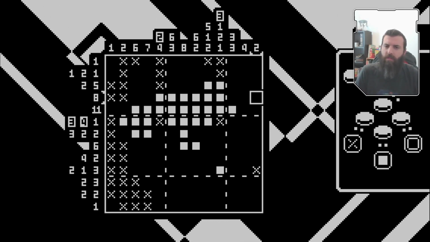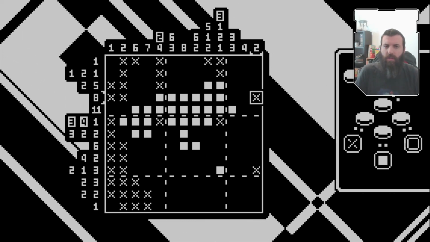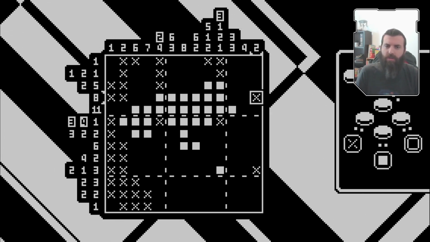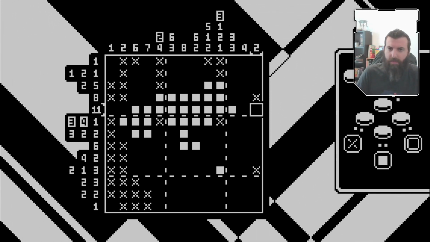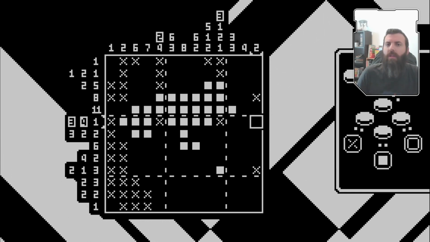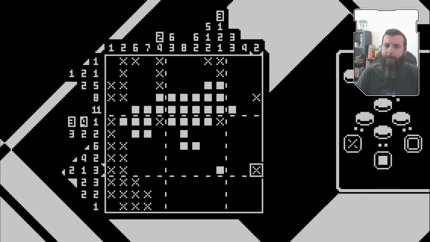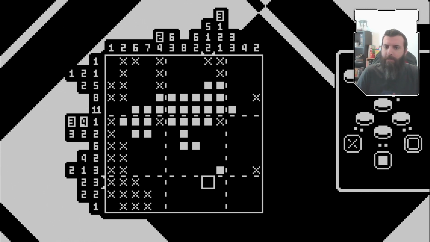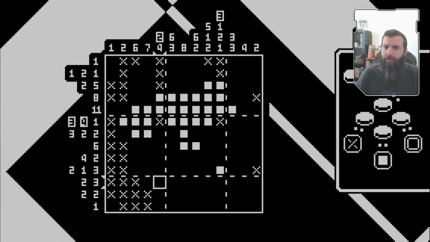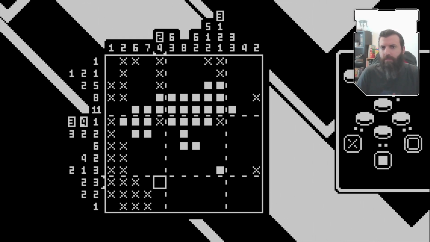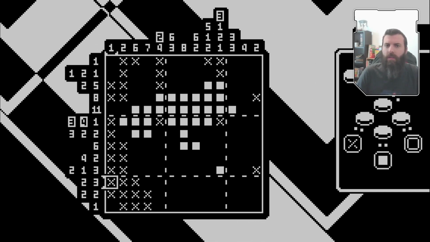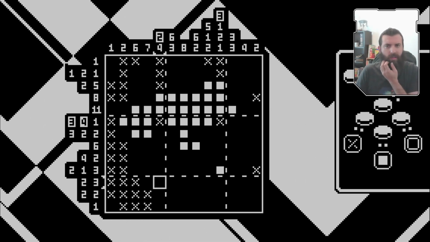On this row, we can go ahead and say 8. Go ahead and X this. Really narrows it down for us much, but vertically.